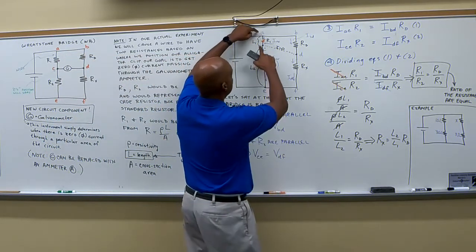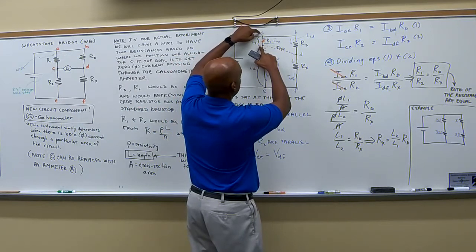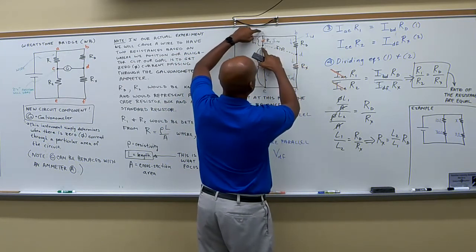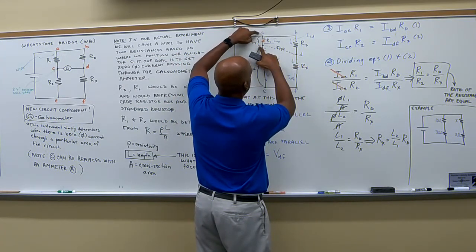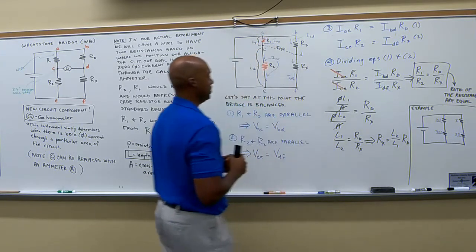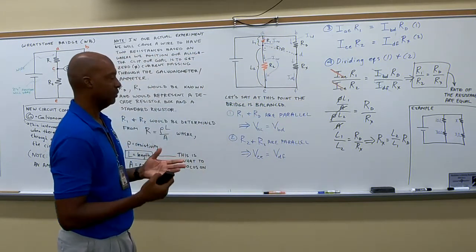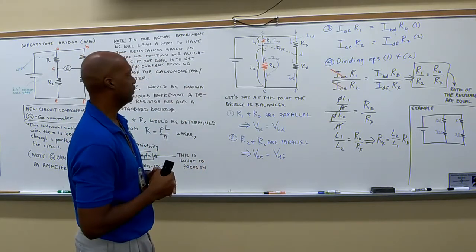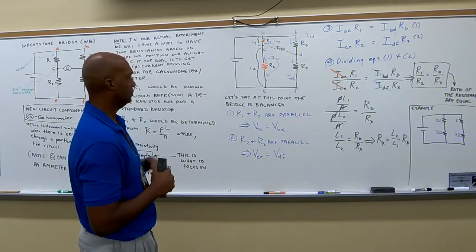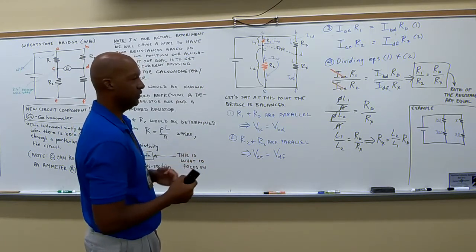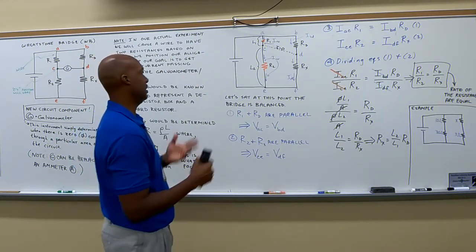We'll notice that the voltage drop between A and C is going to be equal to that of B and D. So from this point to this point, as well as from this point to this point, the voltage drop is equal. And you notice I didn't put a specific voltage here. The voltage for this part of the theory is irrelevant. You can change the voltage to anything you want.